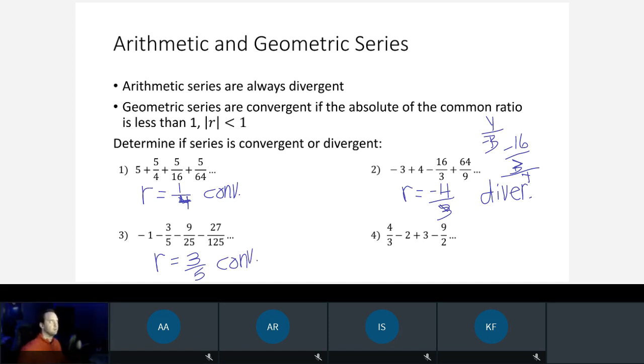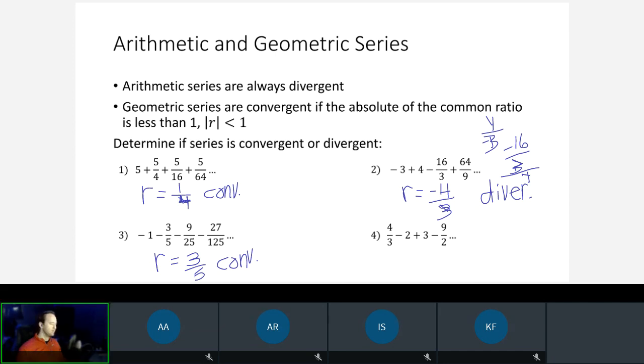Convergent. And number 4, is it geometric or arithmetic? If it's arithmetic, what is the common ratio?